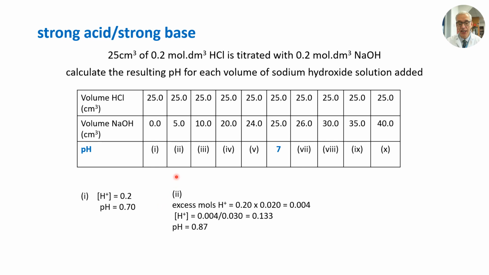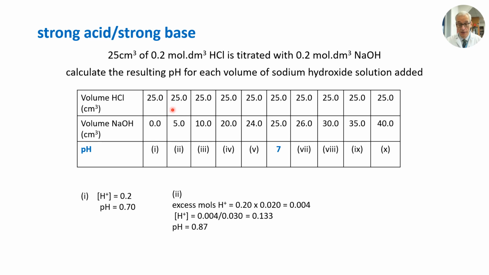Now for the second pH, we need to calculate the excess moles of hydrogen ions. The easiest way to do that is to realize that 5 centimeters cubed of sodium hydroxide at 0.2 will neutralize 5 centimeters cubed of hydrochloric acid at 0.2.